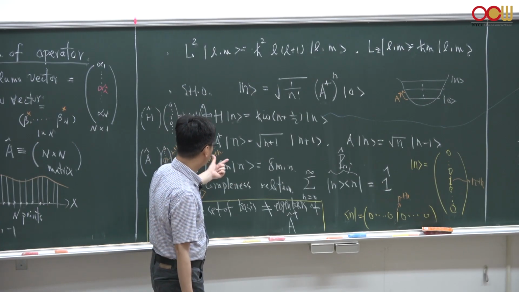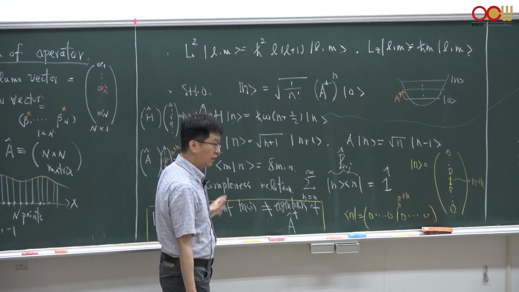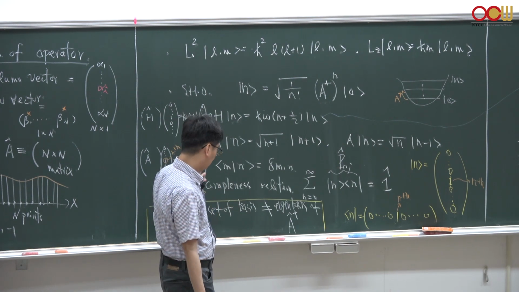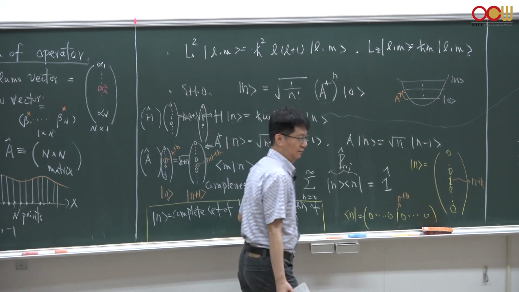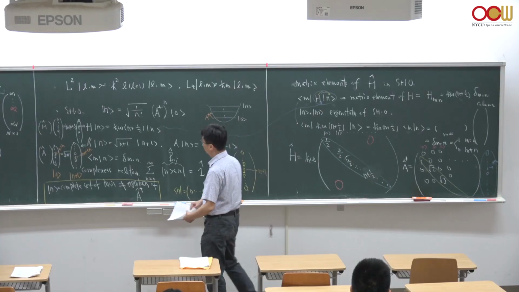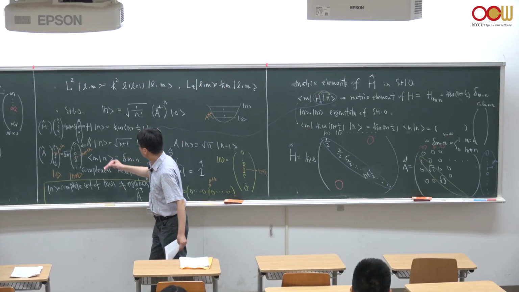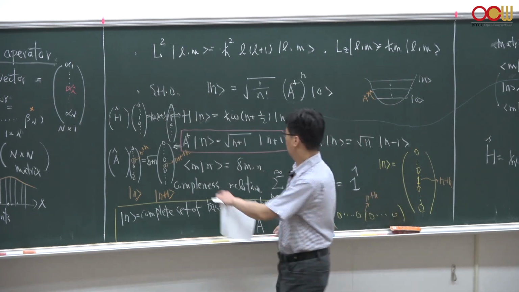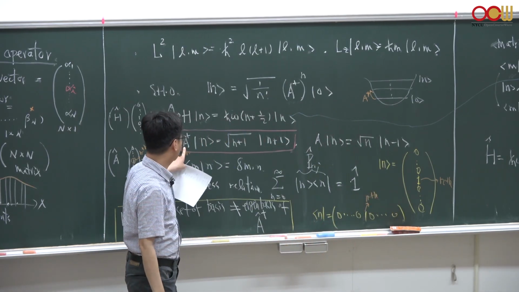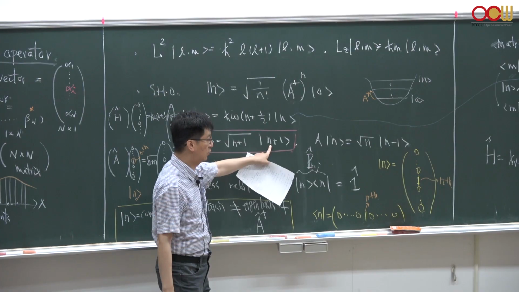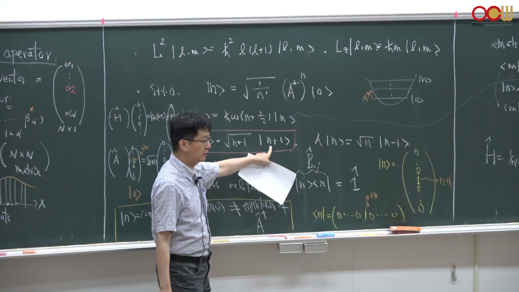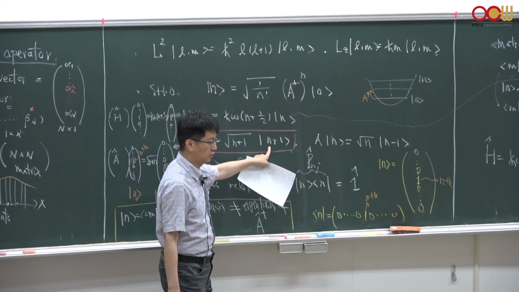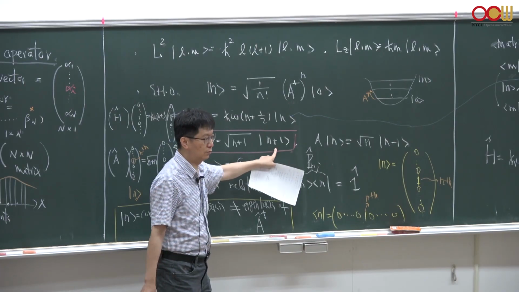However, this is not the eigenstate of a dagger, because when I apply this raising operator A dagger on the right-hand side of the equation, this eigenstate is changed from n to n plus 1.